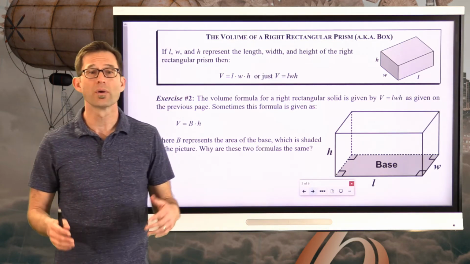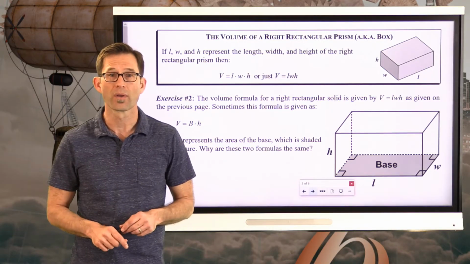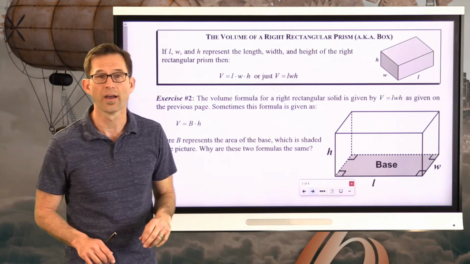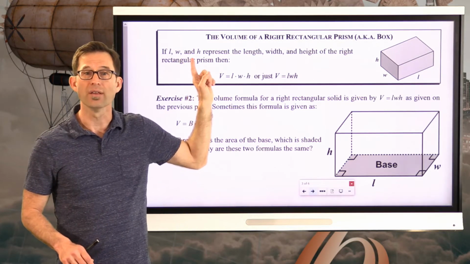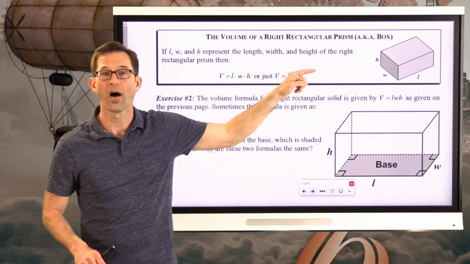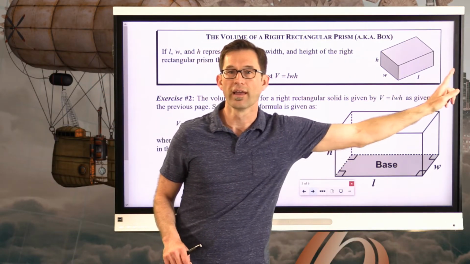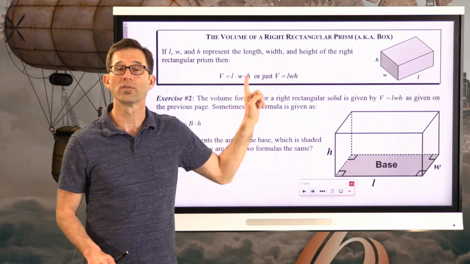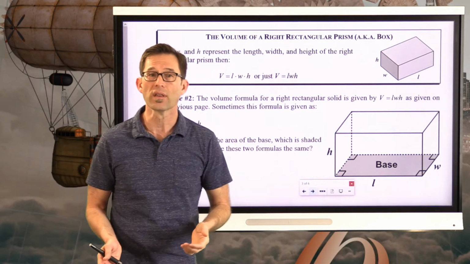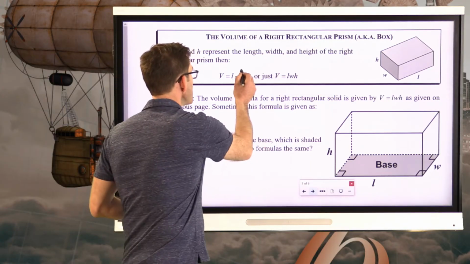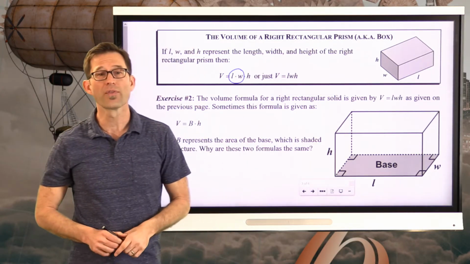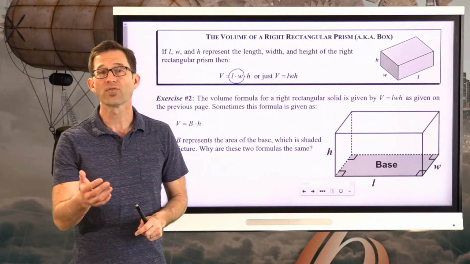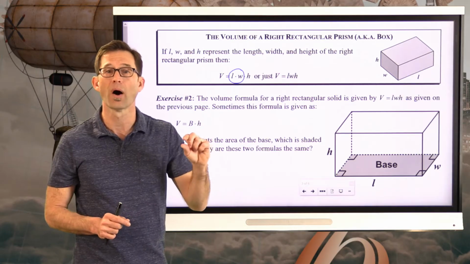Now, this brings us to an amazingly important formula: the volume of a right rectangular prism, aka the box. If L, W, and H represent the length, the width, and the height of the box, then the volume is length times width times height. And that's exactly what we did last time. In the last problem, we took the length and the width of the box, 5 and 8 respectively, and multiplied them together, and that told us we had 40 cubes sitting in the bottom layer.